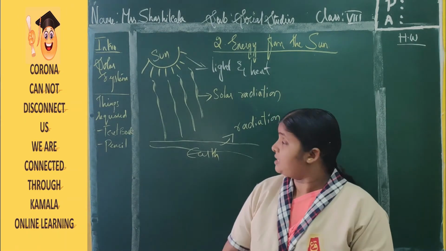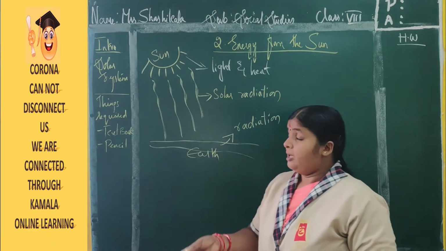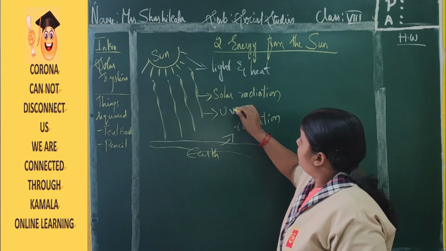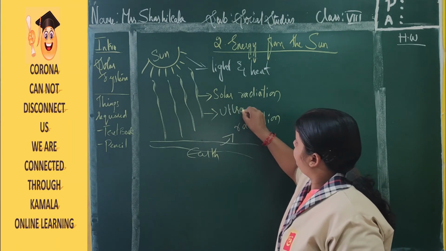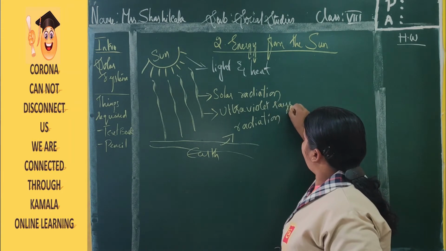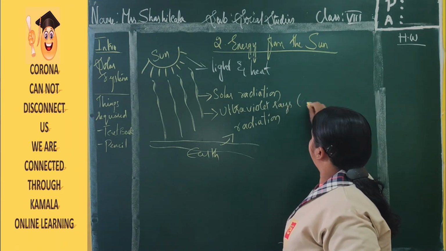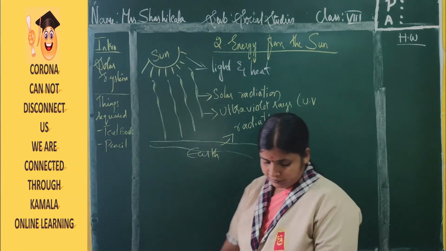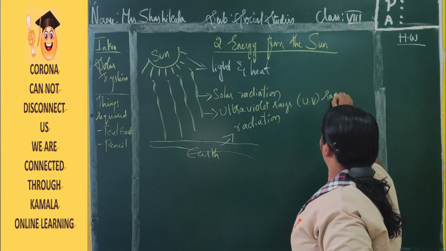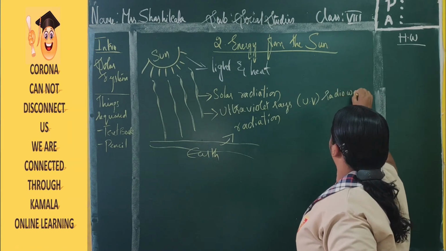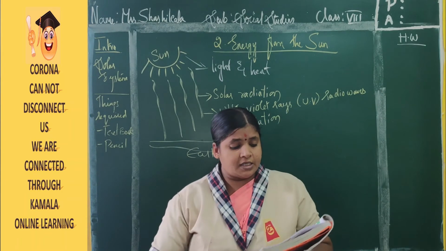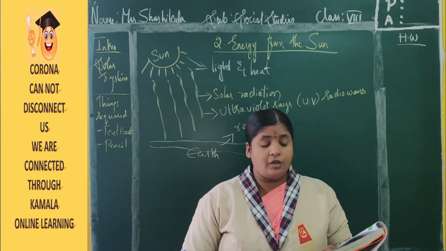Now here, when the sun rays are falling on the earth, we can see different types of rays like ultraviolet rays, or UV rays, next radio waves, and X-rays from the sun which we can neither feel nor see.